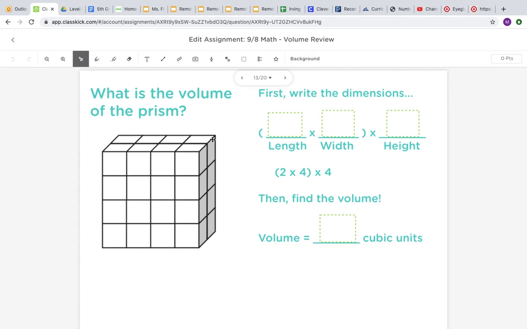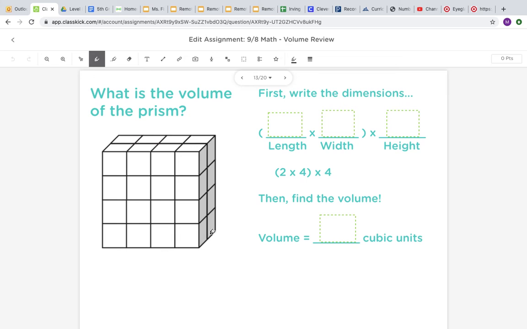Let's do one that is not complete, like this one. What is the volume of the prism here? Well, let's take a look. We've got 1, 2, 3, 4 going this way. We've got 1, 2 going on the side. A lot of times people confuse the length and the width. Honestly, it depends on which way the cube is turned. But in the end, it really doesn't matter.